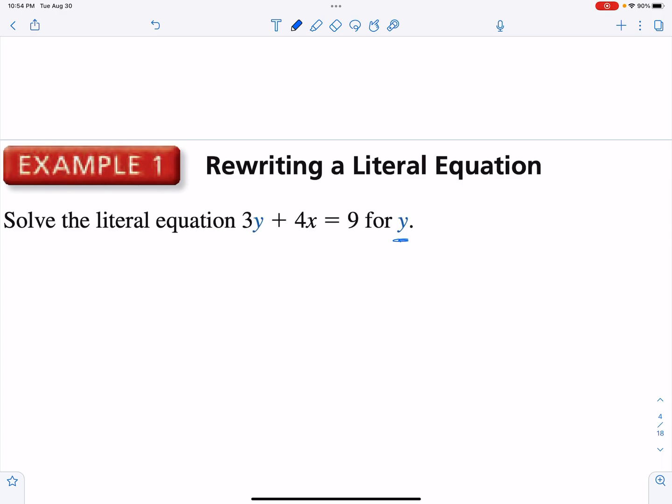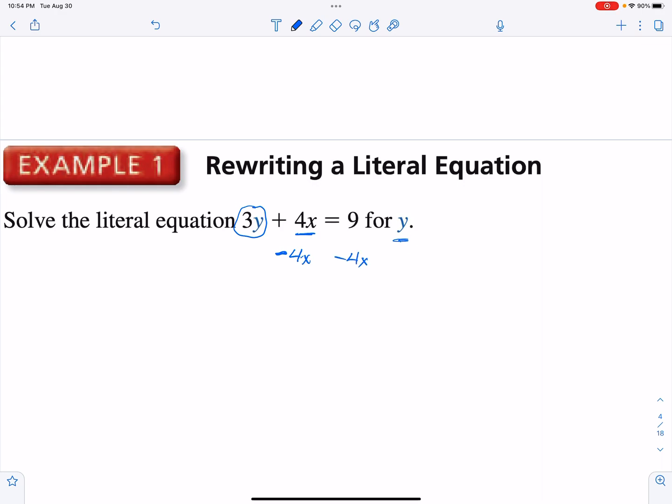So first things first, if I want to isolate the variable y, what I need to fixate on is moving things away from it like I would if I were just solving for it, and I would treat this whole term like I know what it is. So if I want to move that whole term away from that 3y, I need to do the inverse operation, and I need to subtract it to the other side.